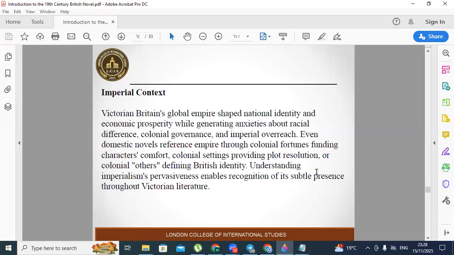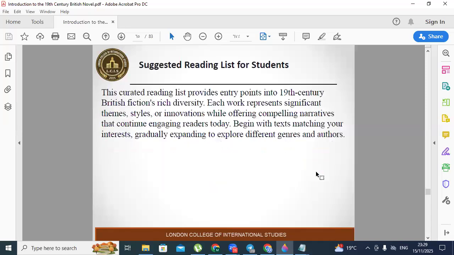Even domestic novels reference empire through colonial fortunes, characters finding comfort, colonial settings providing plot resolution, or colonial others defining British identity. Understanding imperialism's pervasiveness enables recognition of its subtle presence throughout Victorian literature.